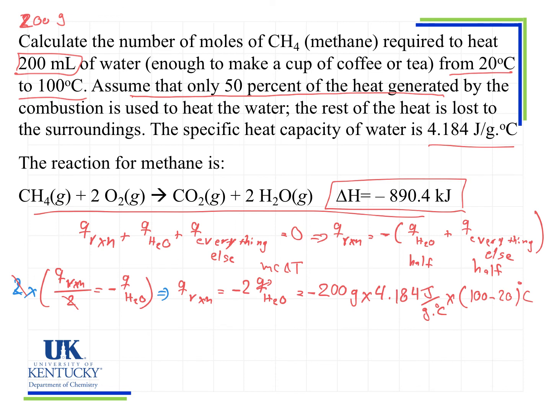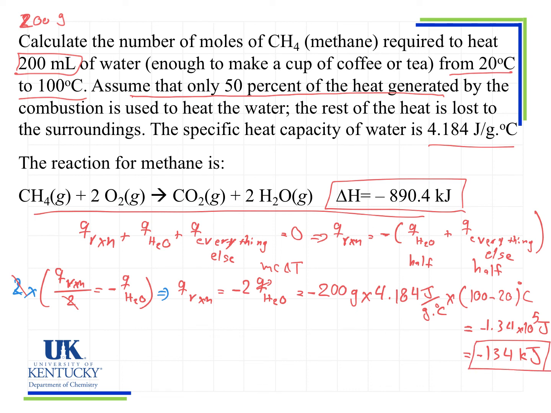So the answer to that is negative 1.34 times 10 to 5 joule, or I can say negative 134 kilojoule. So that's the amount of energy required to increase the temperature of 200 milliliter water from 20 to 100 degrees. So that's the energy I need.